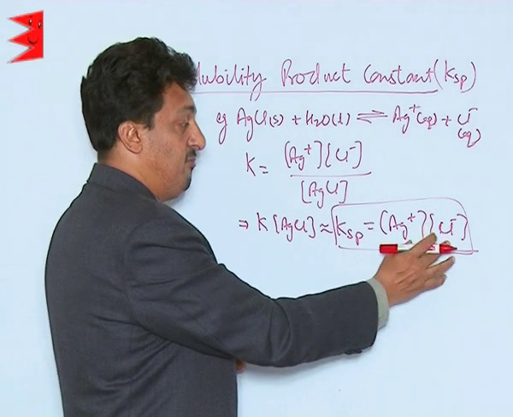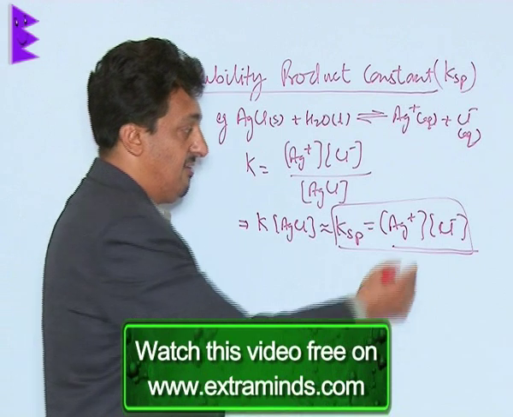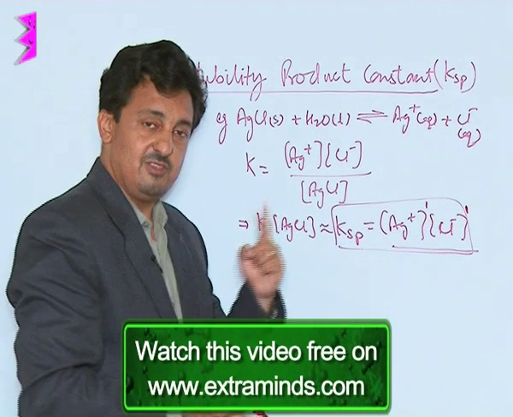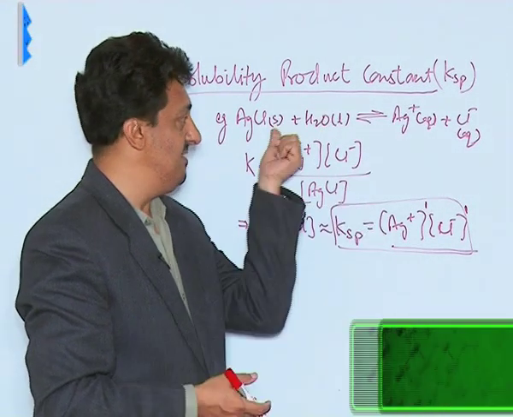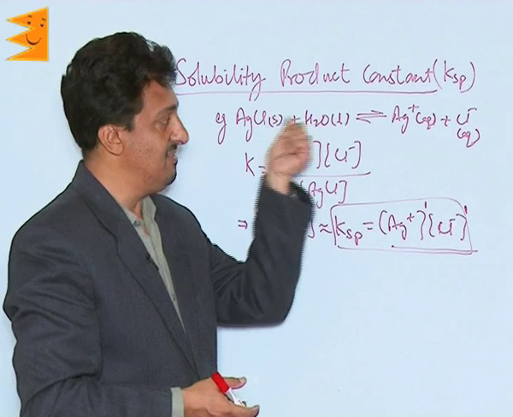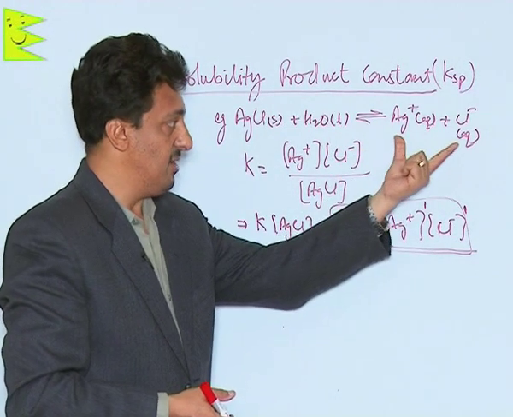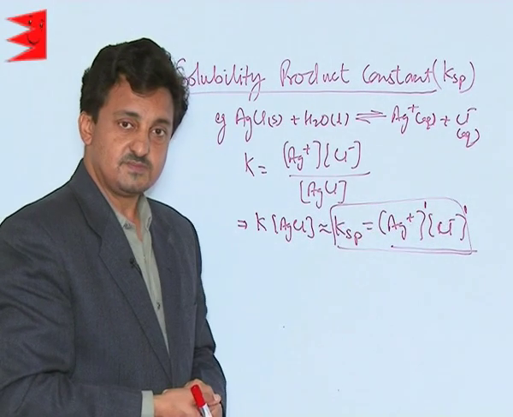It is the product of the molar concentrations of the ions of the salt raised to the power of the number of ions given out by one molecule of the salt. So in the case of AgCl, since 1 molecule of AgCl gives 1 Ag and 1 Cl, it is the product of Ag ion and Cl ion concentrations raised to the power of 1 and 1.